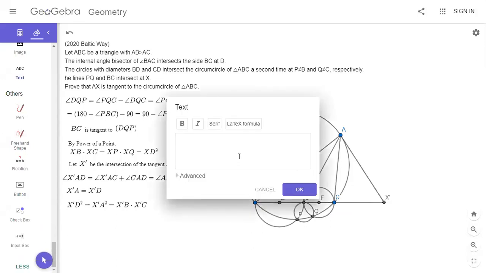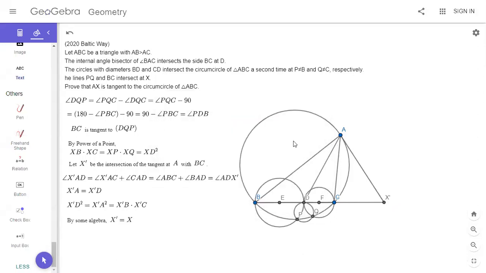So X prime is equal to X. Leaving out a couple steps there, but it's right. It's not hard to show that there can only be one point where XB times XC is equal to XD squared, right?